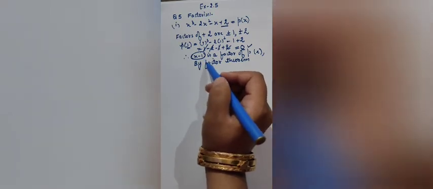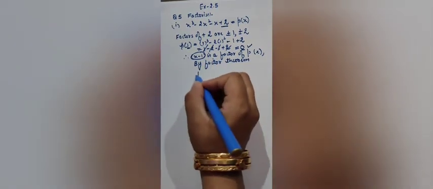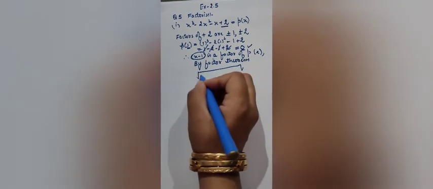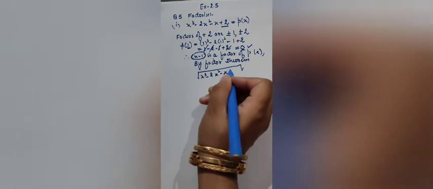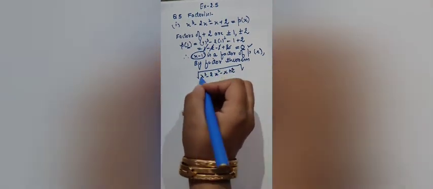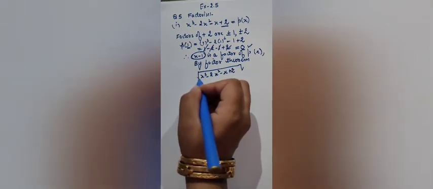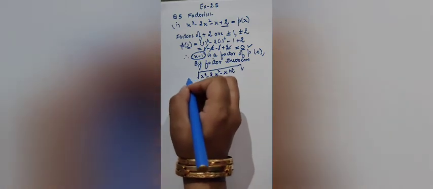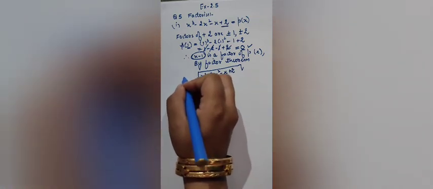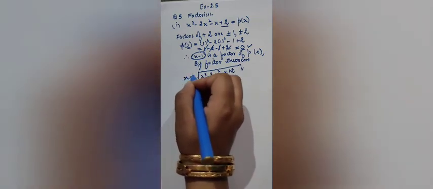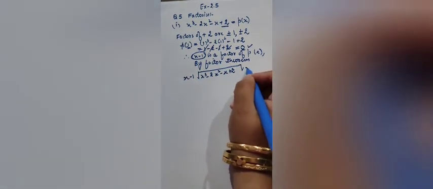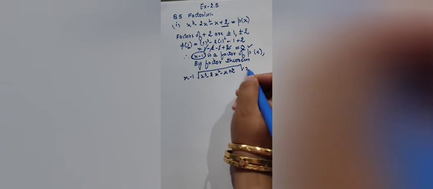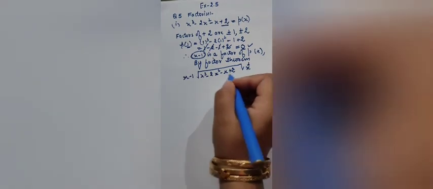Now in the next step we will divide the polynomial by the linear polynomial that we have got, that is x minus 1 here. So I will multiply it with x square to get x cube here.